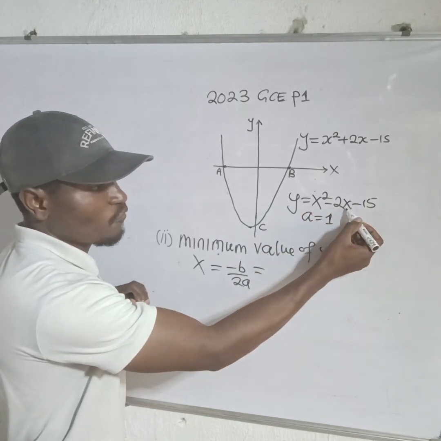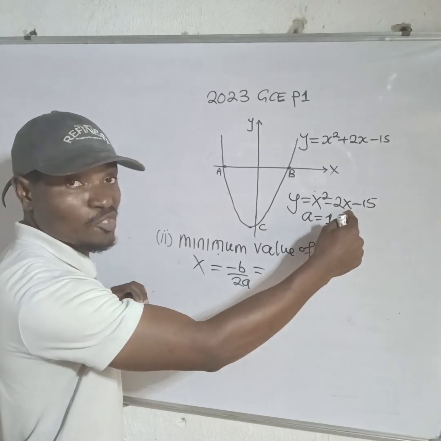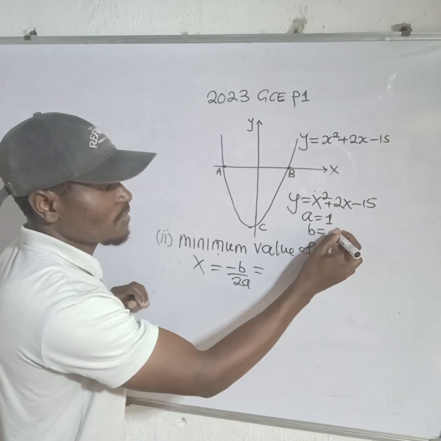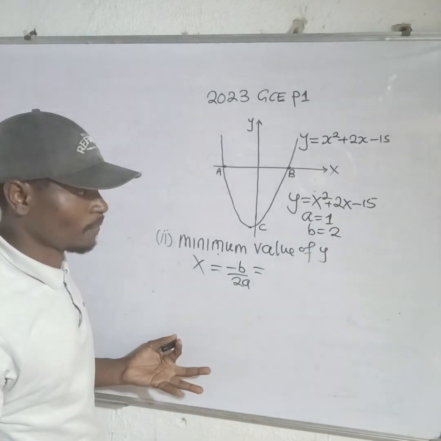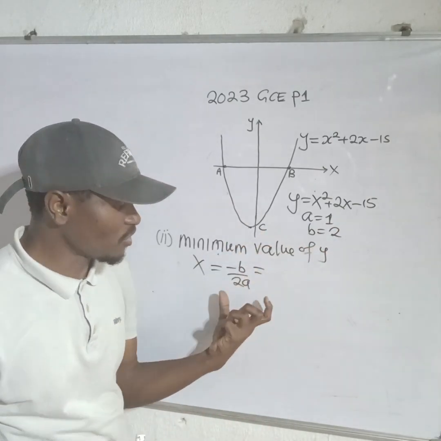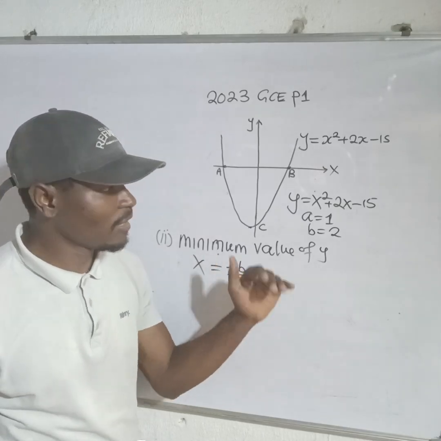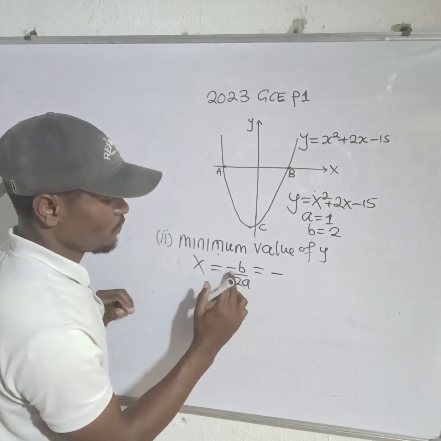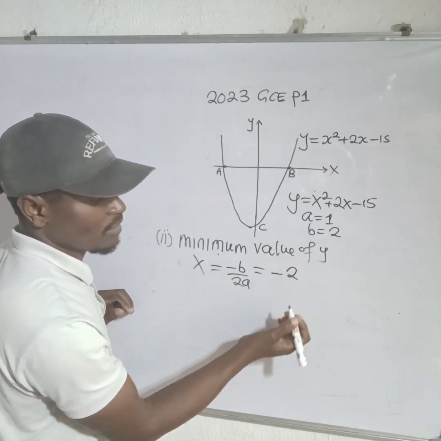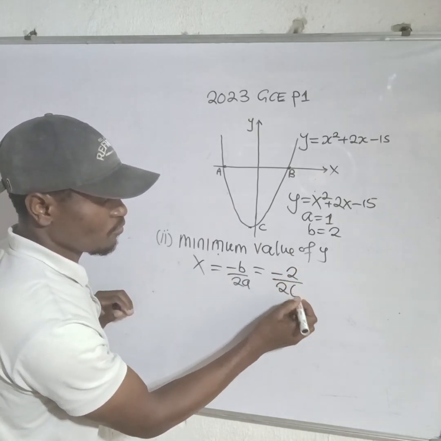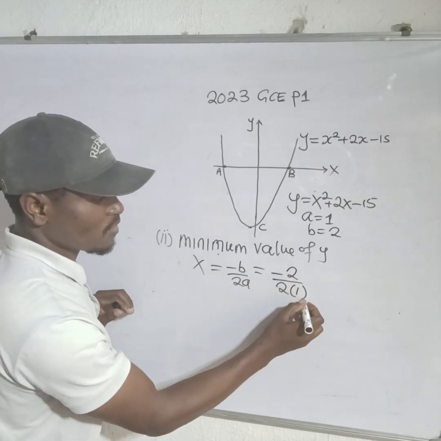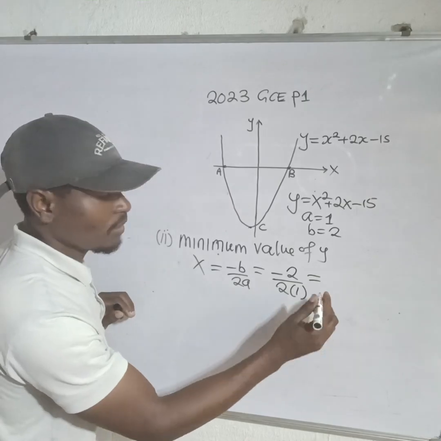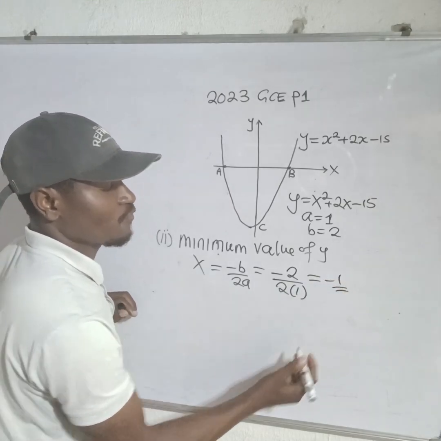The coefficient of x, b, is negative 2. So those are the two numbers you need to put into the formula for finding the x-coordinate. This is going to be negative, open bracket, negative 2, divided by 2 multiplied by a, which is just 1. And obviously this is just going to give us 1.